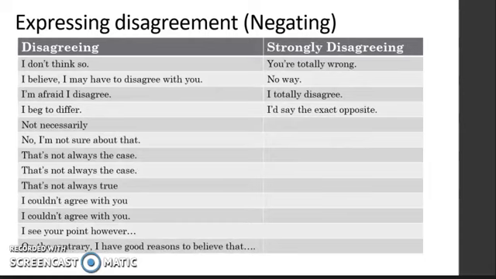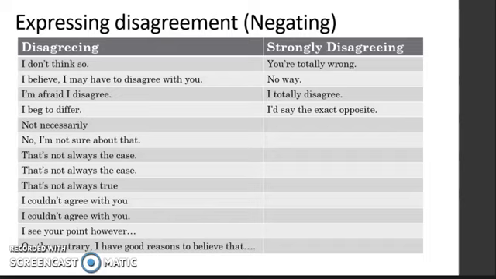At other times, such as in discussions of more serious subjects or in professional situations, these phrases can be too direct. So another common way to disagree politely is to tell the person you respect their opinion before sharing your own. You may try phrases like this: "I see your point, however," or "on the contrary, I have good reasons to believe that."